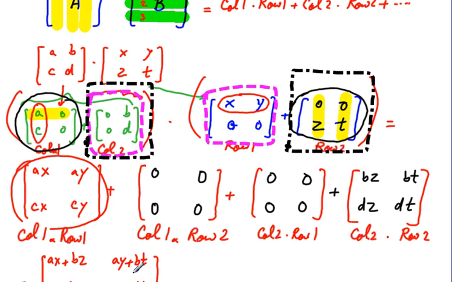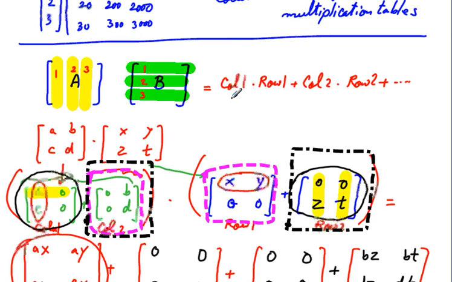Then we added them up. So that's the reason for what we wrote here: you take column 1 multiplied by row 1, you have a full matrix. Then you go 2 and 2, you have a full matrix, and 3 and 3, you have another full matrix. But you don't mix and match. You don't have 1 and 2, or 2 and 1, and so on. Those things are just zeros. You don't need to bother with them.